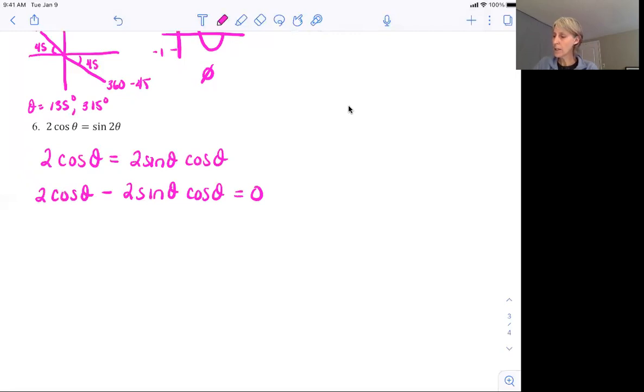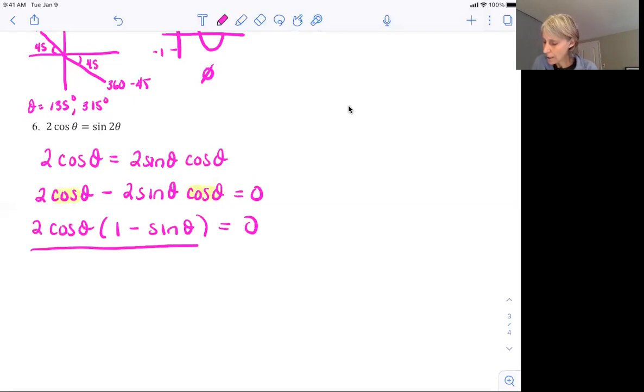in order to solve this, hope you can see that you have a cosine in both terms, so we can use GCF. I'm going to factor out 2 cosine theta, and inside parentheses, I will have 1 minus sine theta. Now I have each of my factors as a single trig function, and I can set each of these factors equal to 0.